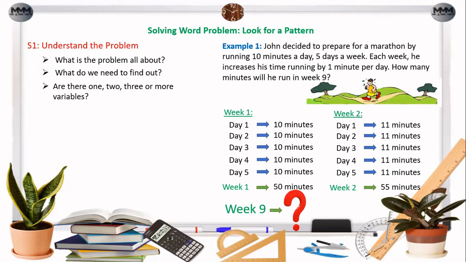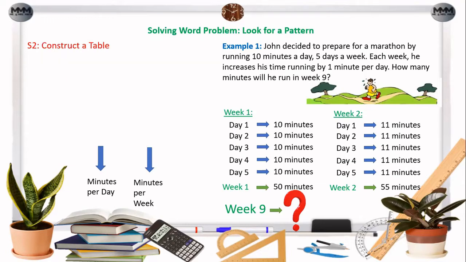Are there 1, 2, or 3 or more variables? In this problem, we have minutes per day as our first variable, and minutes per week as our second variable. So we only have 2 variables to consider.